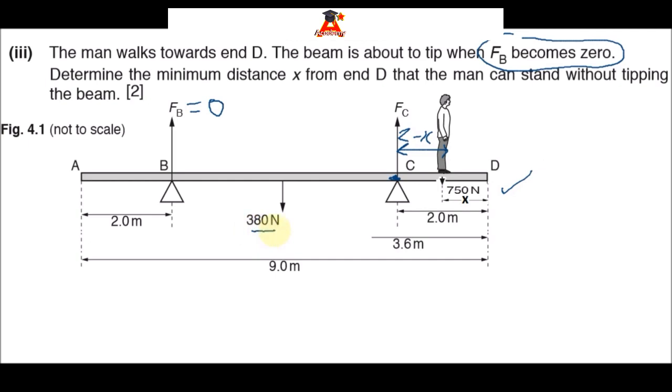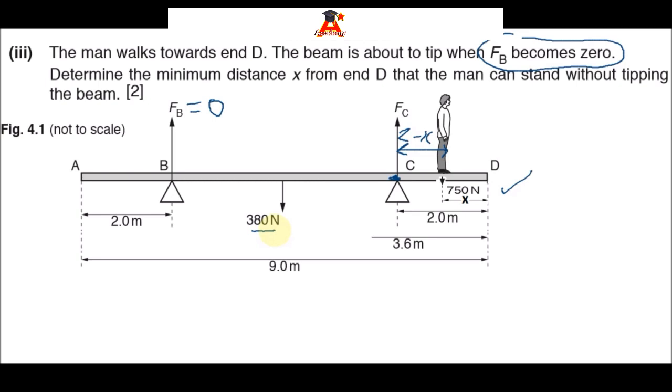Now let us use the principle of moments to find x. The beam is about to tip when FB becomes 0, but that's not where it tips. The system will still be in equilibrium, so clockwise moments are equal to anti-clockwise moments.